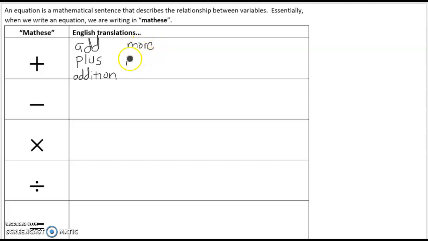We might say increase. We might say the word grow. Positive. Sum. And together.